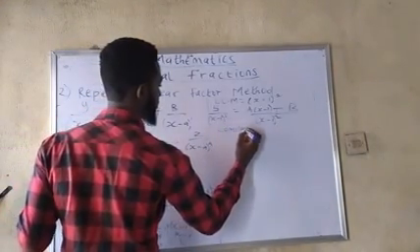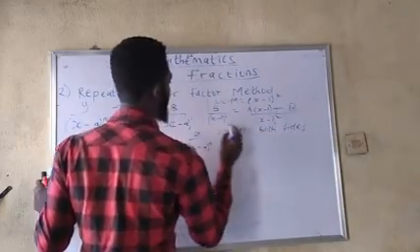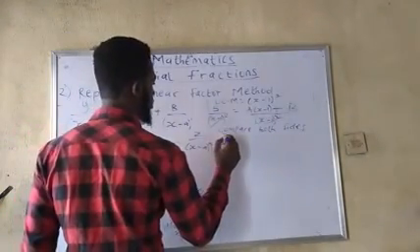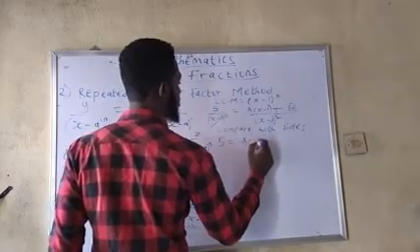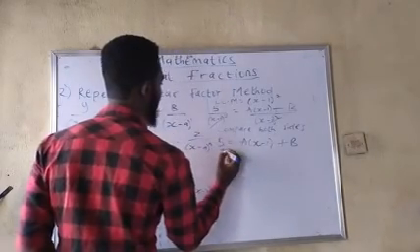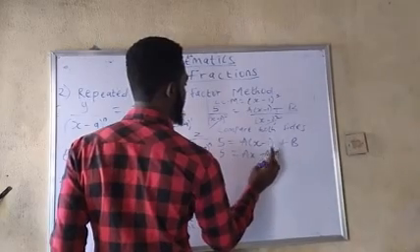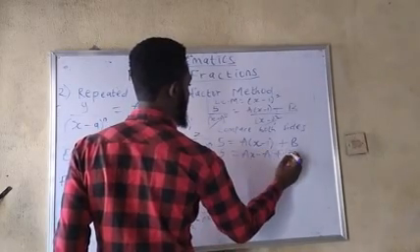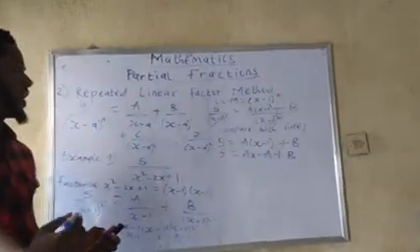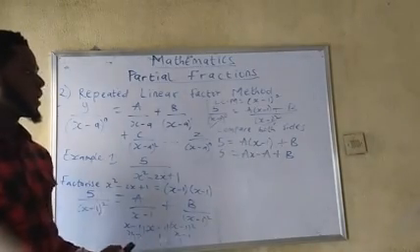Compare both sides. And to compare both sides, you can see this and this are similar, so we can eliminate them. So let's compare the numerator. 5 is A into x minus 1 plus B. So we have 5 equals Ax minus A plus B. As usual, we're going to look at the coefficients of x and also look at the constant.